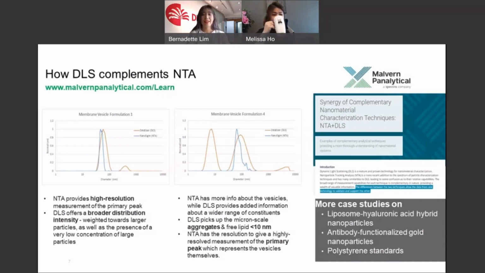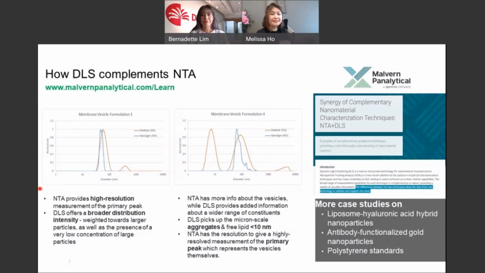Both NTA and DLS could give you similar information of your samples, say for example, the particle size. But if you need a higher resolution of your peaks, NTA would be a good option. But if you are looking for a generic overview of your peaks, DLS would be a good option as well.